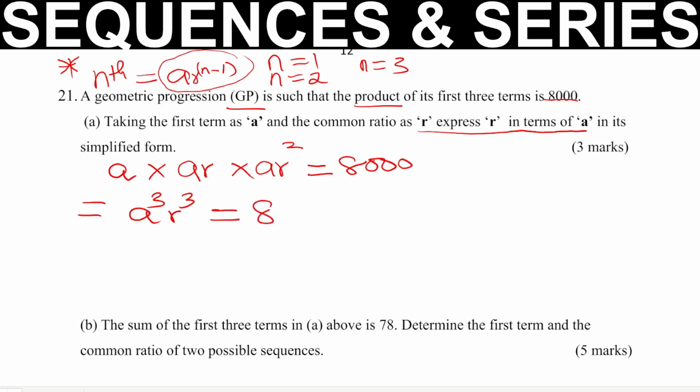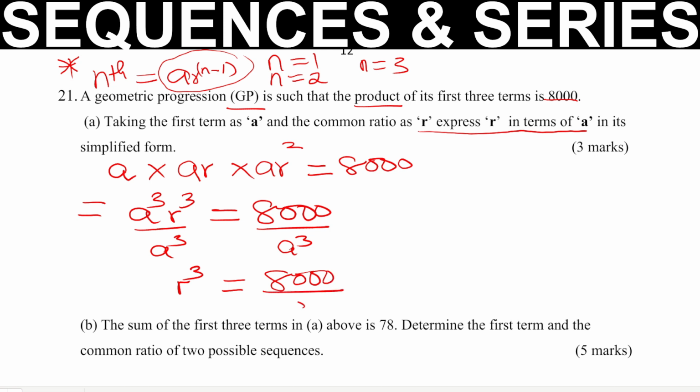This is equal to 8,000. Since you are expressing R in terms of A, divide both sides by A cubed, and this will give R cubed equals 8,000 divided by A cubed.